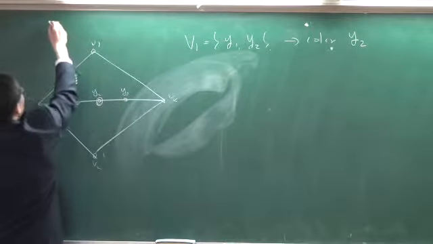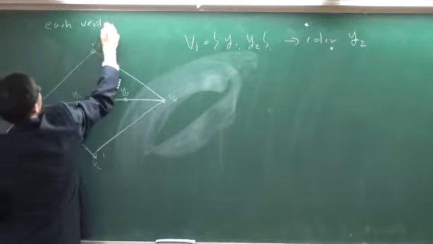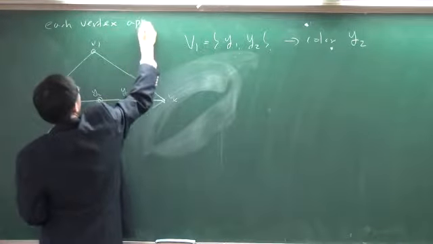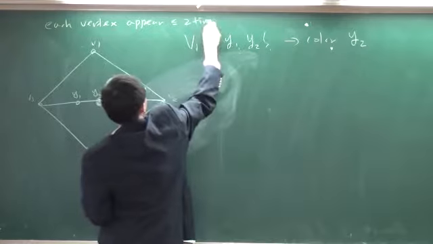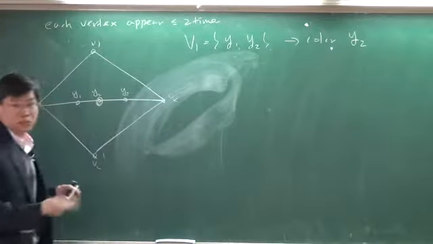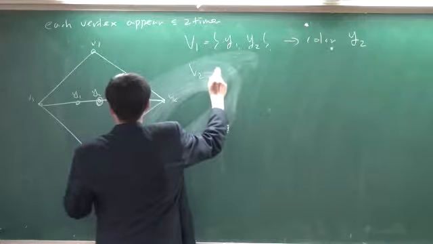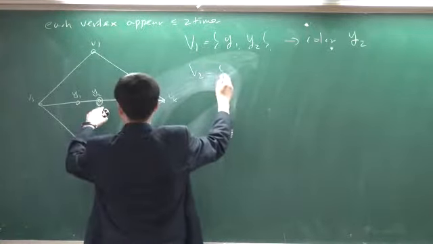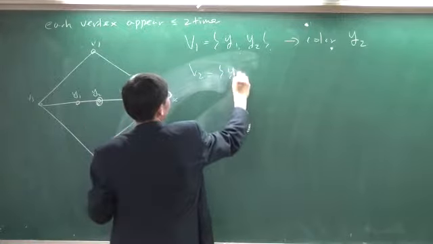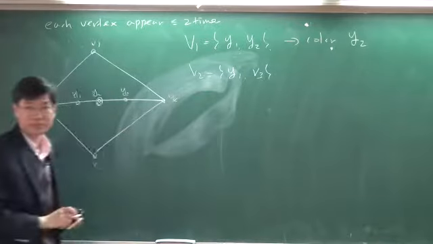Here each vertex appears 2 times. Next, Alice presents, if Y2 is colored, Y1 and V3.